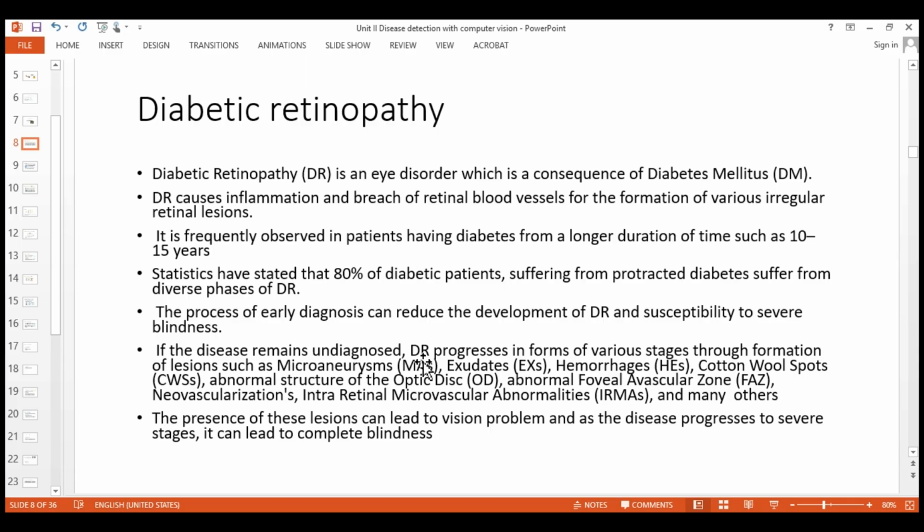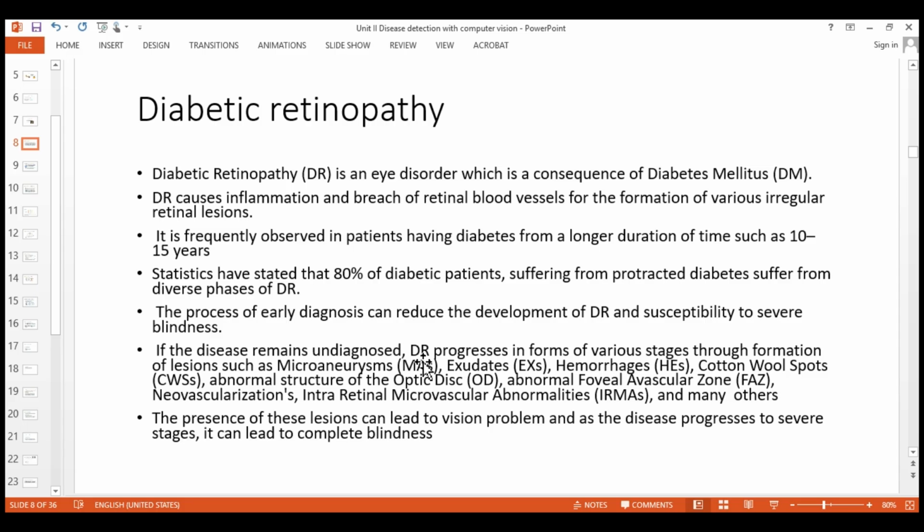It is frequently observed that a patient having a diabetic condition for a longer duration, say from 10 to 15 years, is likely to get diabetic retinopathy. Statistics also suggest that 80% of diabetic patients suffering from protracted diabetes suffer from diverse phases of diabetic retinopathy.